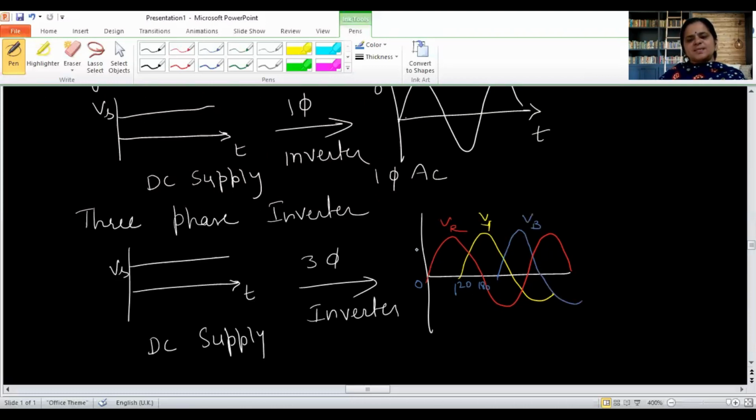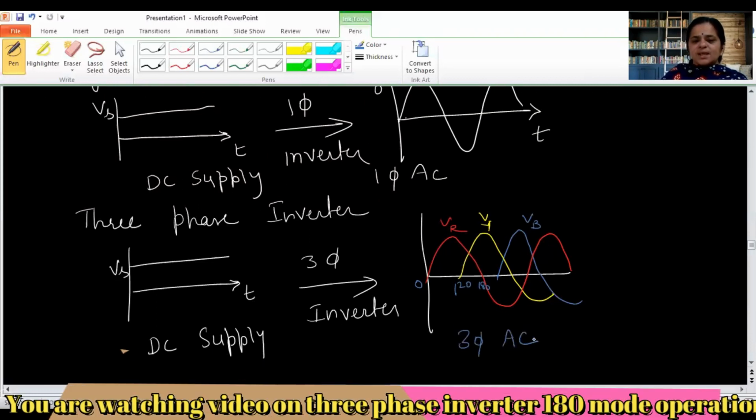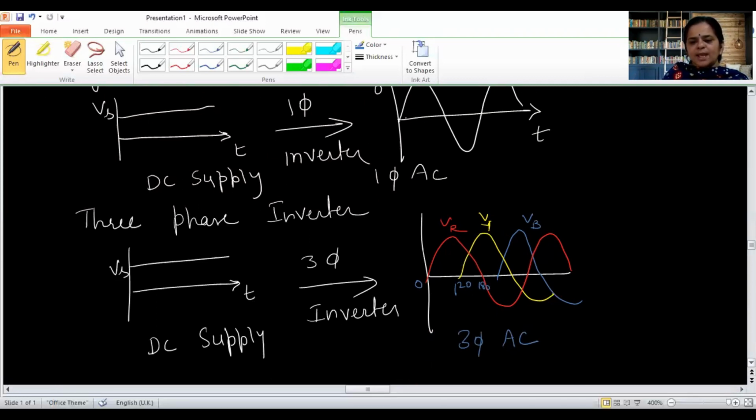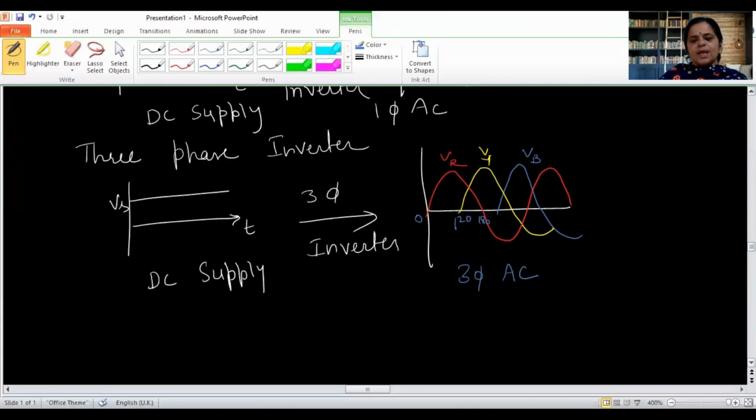So the three-phase AC supply is nothing but three phases of a single phase AC which are delayed by an angle of 120 degrees. As you can see here, the R phase is starting at 0, whereas the Y phase is starting at 120 and the B phase is starting at a delay of 240. So the three-phase inverter converts that kind of DC supply into a three-phase AC supply.